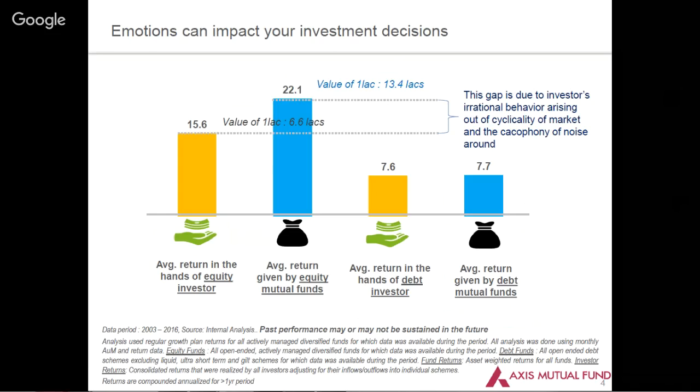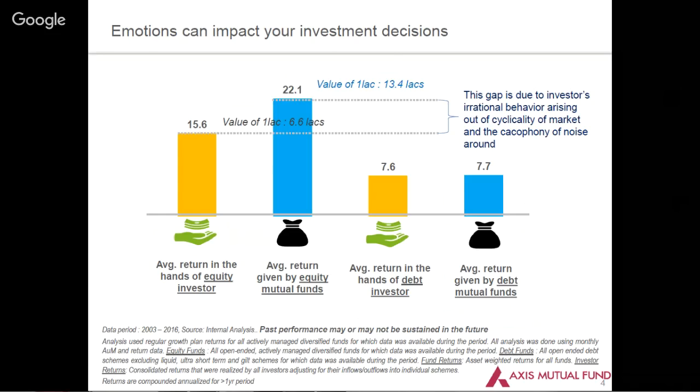Now 6 doesn't sound like much until you think about the difference in compounding. At 22% compounding, 1 lakh becomes 13.4 lakhs. At 15% compounding, 1 lakh becomes only 6.6 lakhs. So close to half the gain of the 22% compounding has been lost as an opportunity cost when the number has gone from 22 to 15.